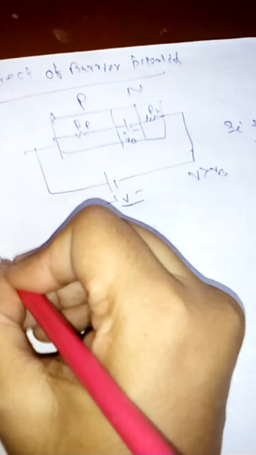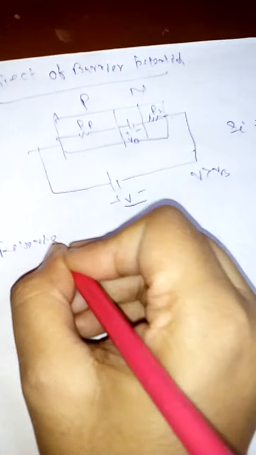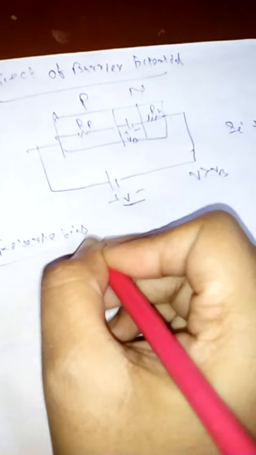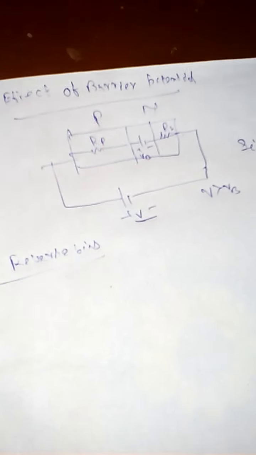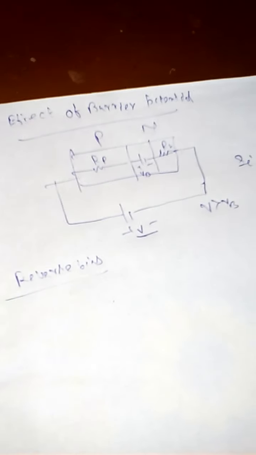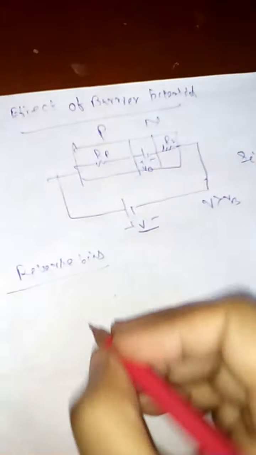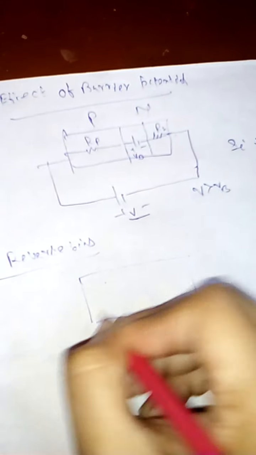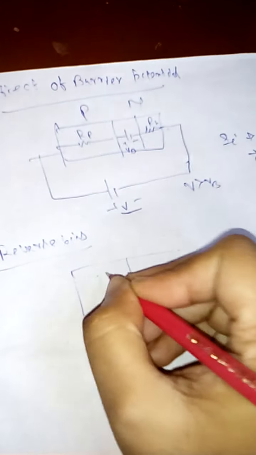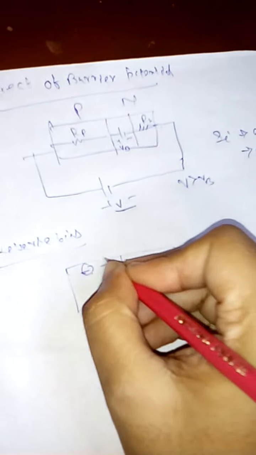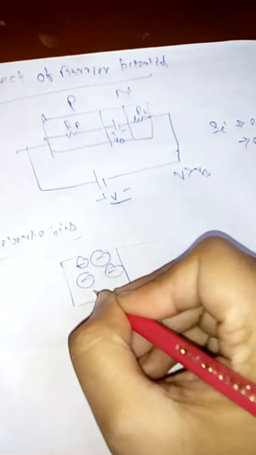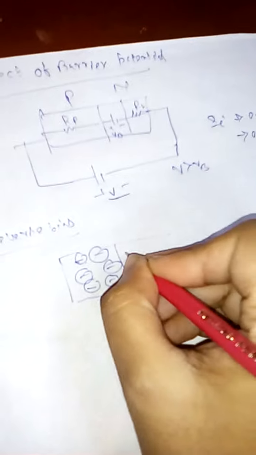Then we discuss reverse bias. We have previously discussed that reverse bias means the opposite of forward bias. So what happens in the reverse bias condition? The depletion region will be increased. In the same figure, this is the negative here.